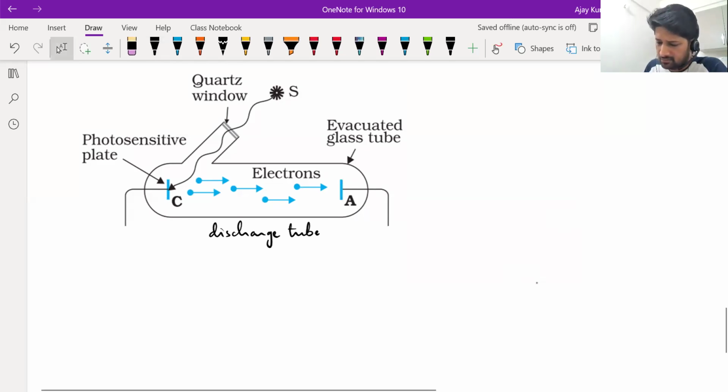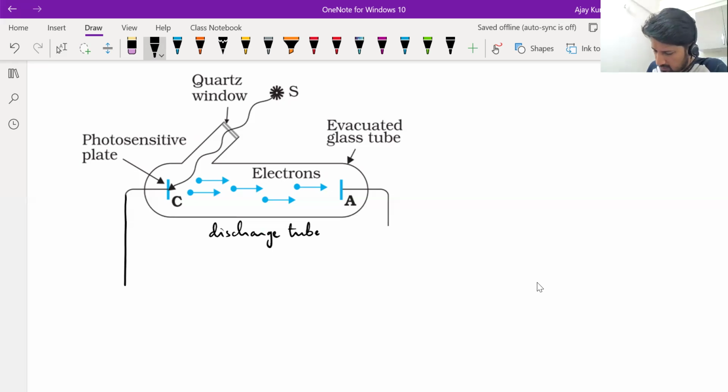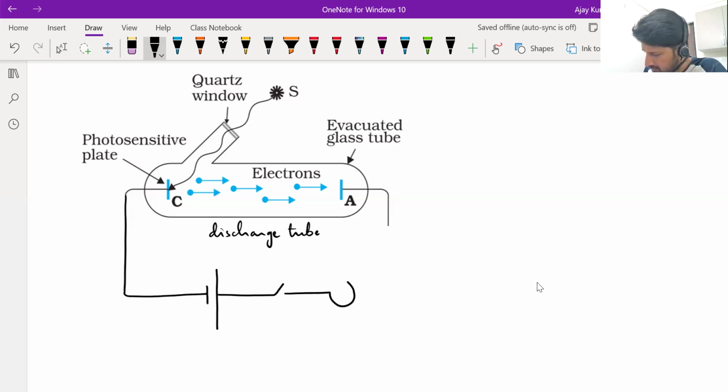Now you complete this, like connect the electrodes to a voltage source, or you can consider a milliammeter.